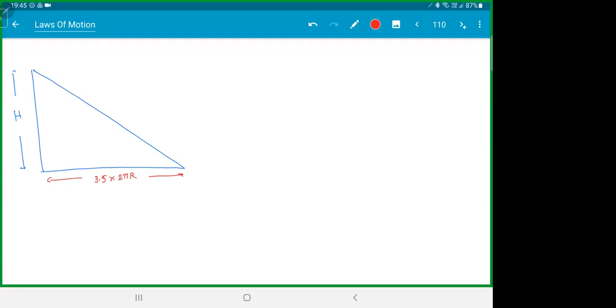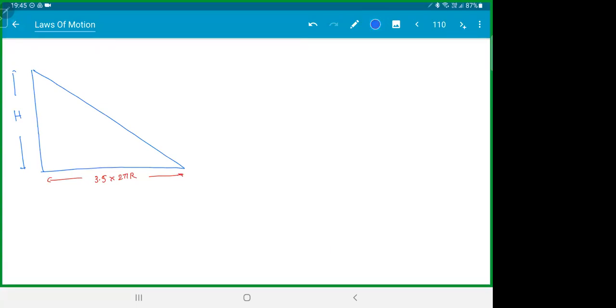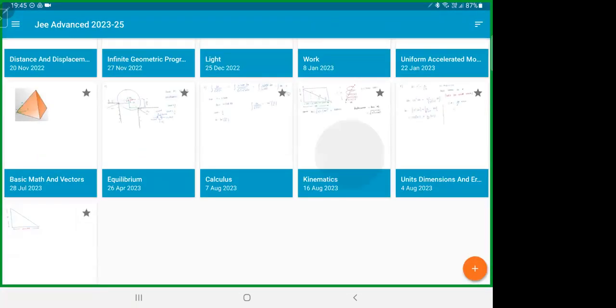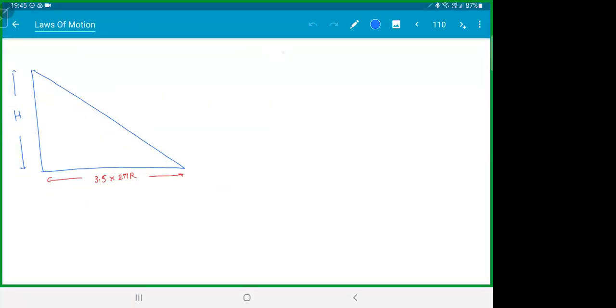Every time you open the helix, for each turn, the horizontal distance will be 2 pi r. So this you can refer to kinematics page 15. There we did a little more on this in more detail. You can check that out. And this guy is angle theta.